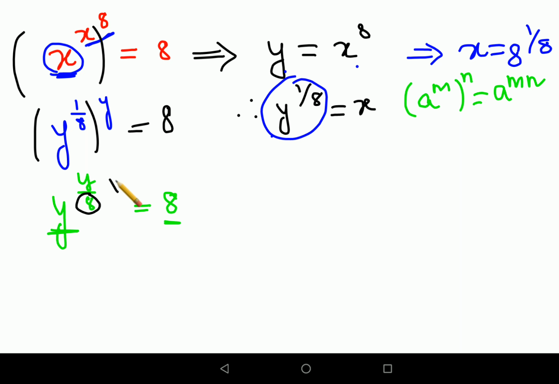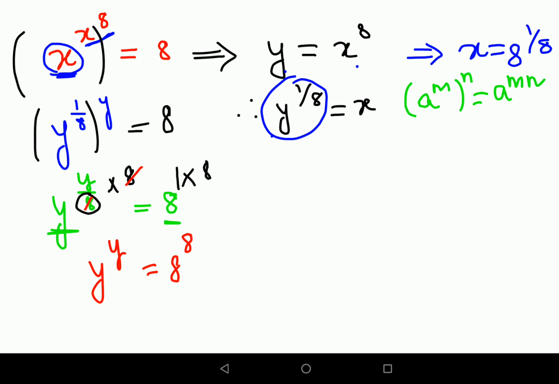Taking the eighth power on both sides of the equal to, this 8 and this 8 cancel. So I'm just getting y raised to y equals 8 raised to 8.